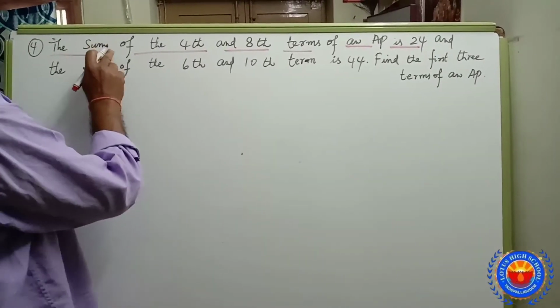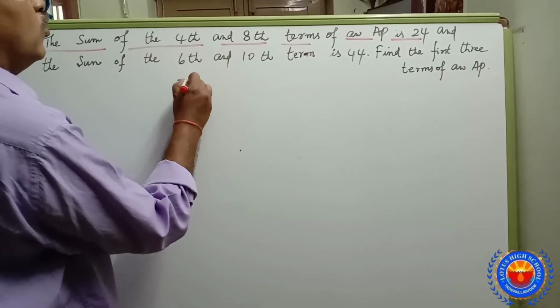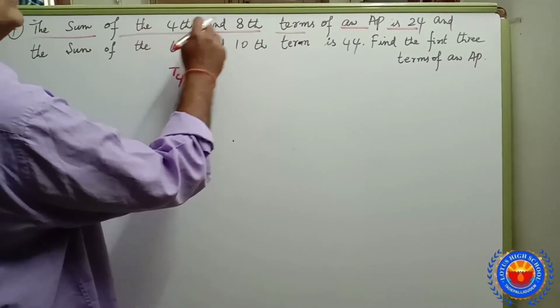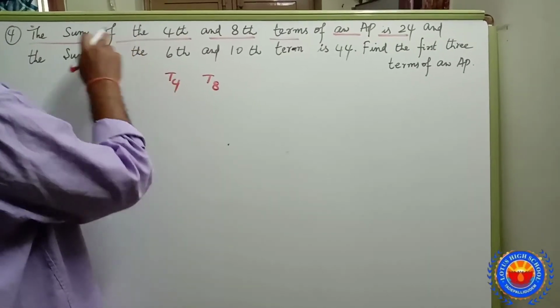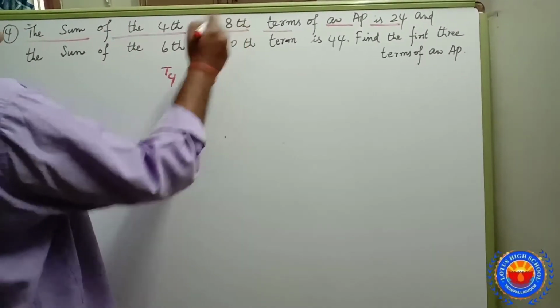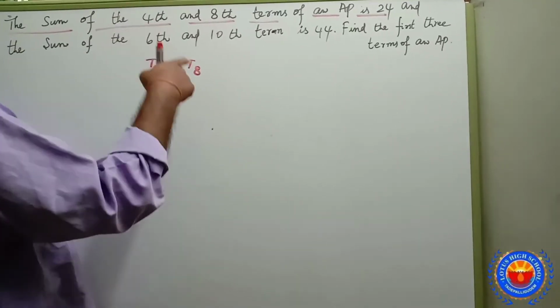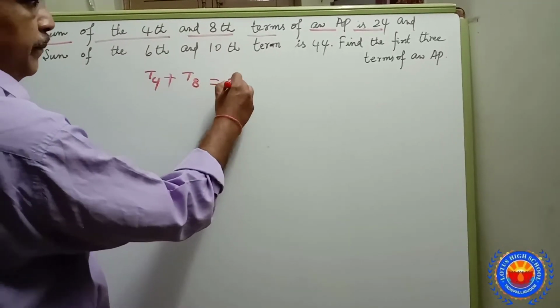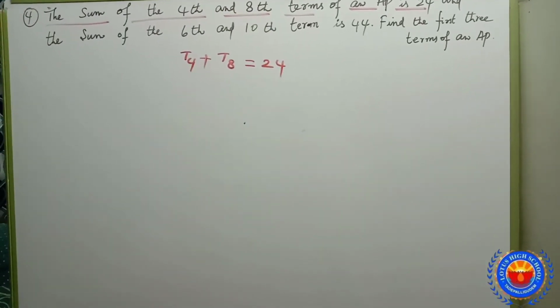The sum of the fourth and eighth terms. Fourth means T4, eighth means T8. So the sum of the fourth and eighth terms of an AP is 24. Understand or not? This is very, very important.